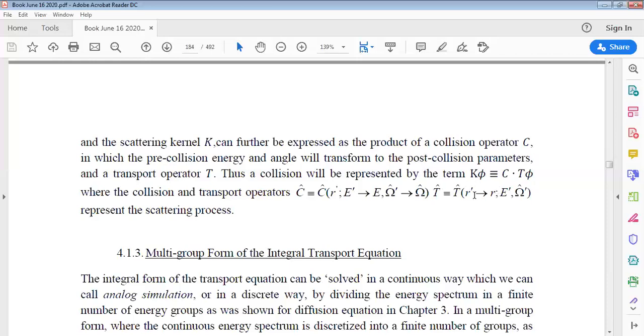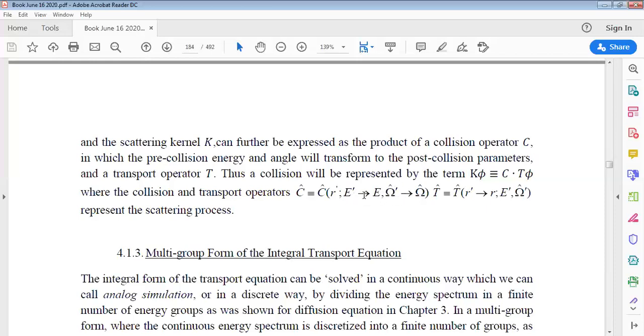Now, once they've come to the new position R prime, then they've got energy E prime, and they were traveling in a unit vector direction omega hat prime. So now they're going to undergo a collision. And so in a collision, you've got pre and post collision parameters. Now what happens in a collision? A neutron hits a target nucleus. It transfers some energy to the target nucleus. As a result, it changes its direction.